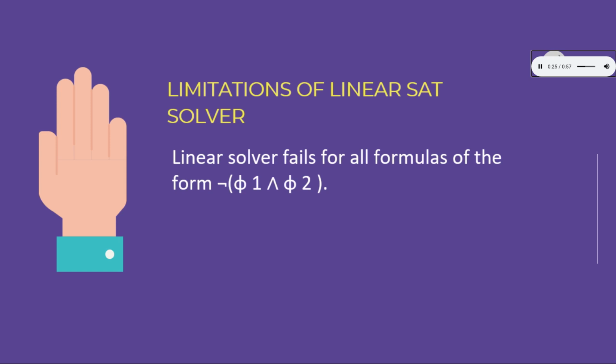We can note that in the case when a conjunction node is false and none of the children nodes are marked, there are two possible cases. This condition was not mentioned in the linear SAT solver, and hence the linear solver fails for all formulas in which the conjunction node is false and children nodes are not marked. And this type of formula is given in the above slide.